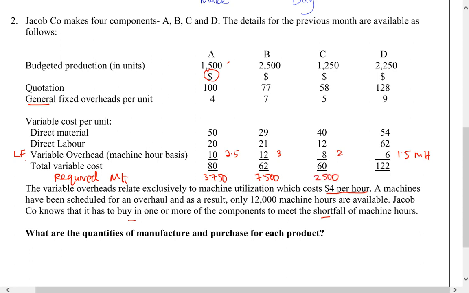2500 and 3375. What's the total? 17,125. And we only have 12,000.